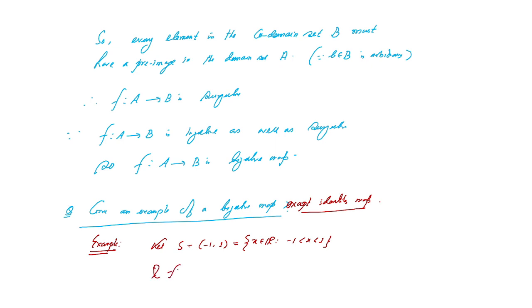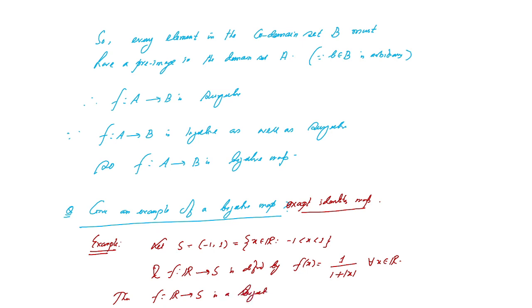And f is a function from R to S defined by f(x) equals 1 by 1 plus mod x for all x belonging to R. Then you have to prove that f from R to S is a bijective map. That means it is injective as well as surjective. So this is basically a self-exercise. I hope you will prove it.